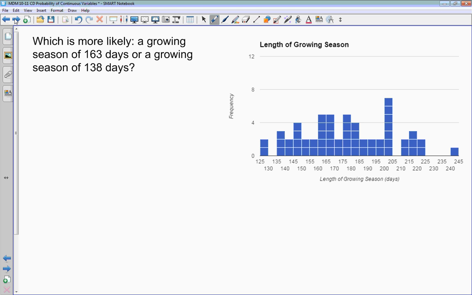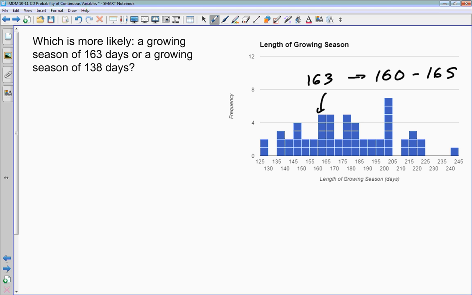we can still use it to do a probability question here. So if we're interested in the probability of the growing season being 163 days, what we really have to ask about is how likely is it that the growing season is going to fall into a range of values around 163. And if we look at our histogram here, the range that corresponds to a value of 163 would be 160 to 165.